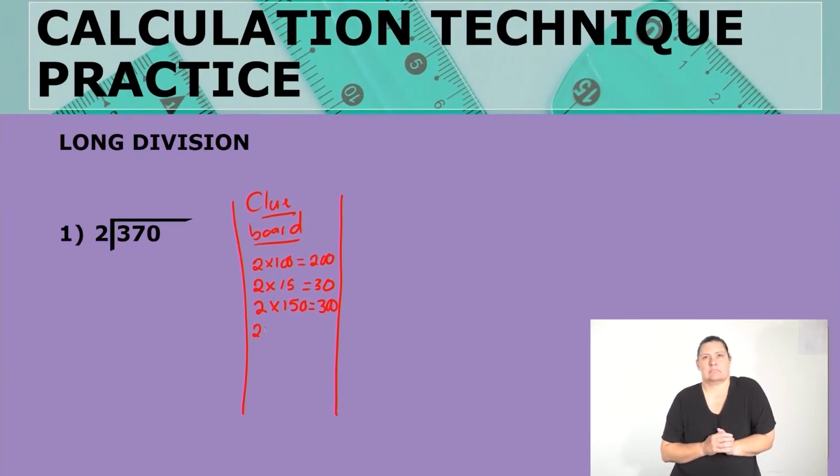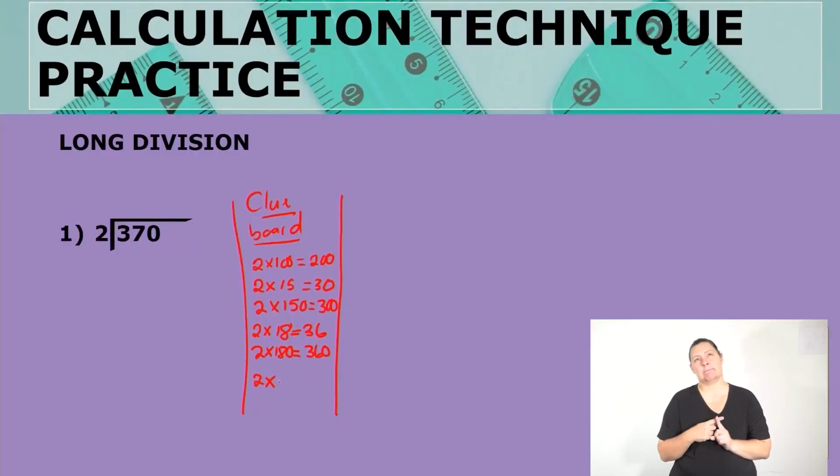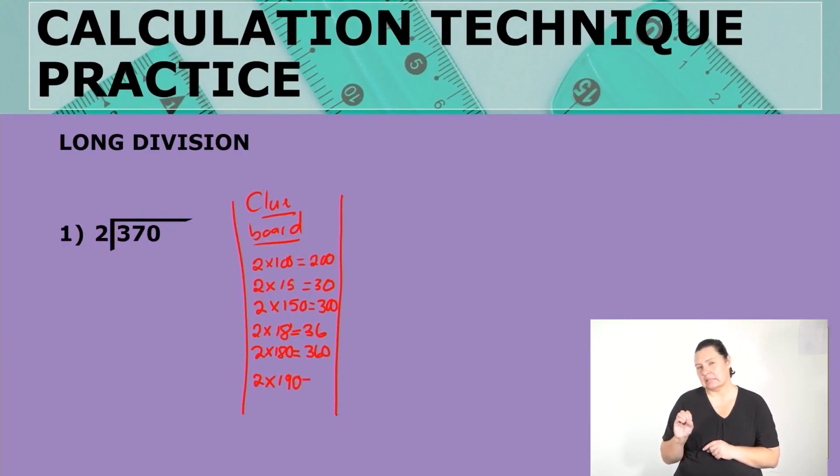So when I think of 2 multiplied by 18, that gives me 36, which means that 2 multiplied by 180 is going to give me 360. I think 360 is quite close. Let's take it one up. 2 multiplied by 190, because 2 multiplied by 19 would be 38.